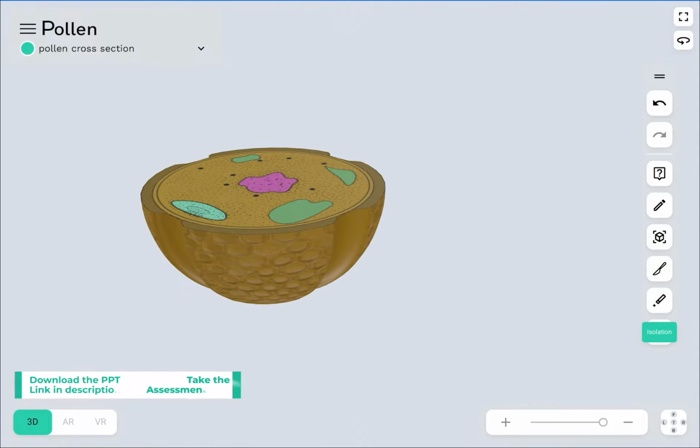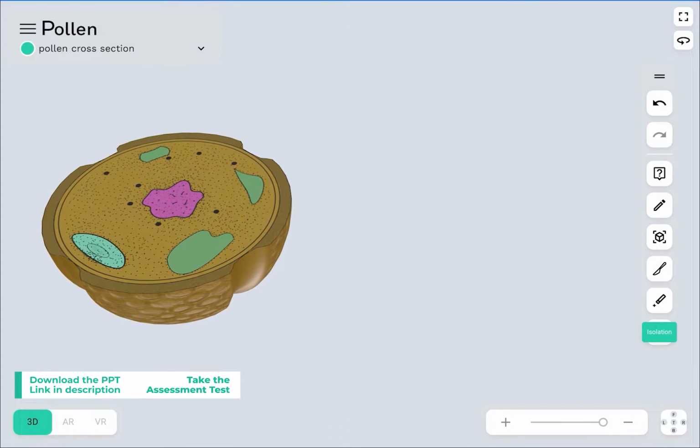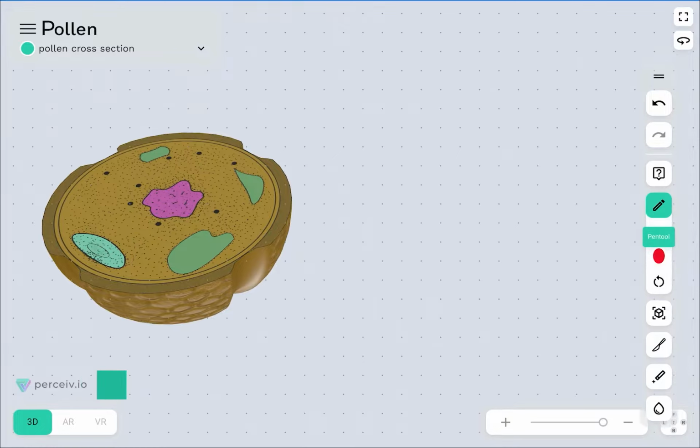So let's start with some of its basic features first, and then we will go on with the labeling part. Pollen grain is considered to represent the male gametophyte.